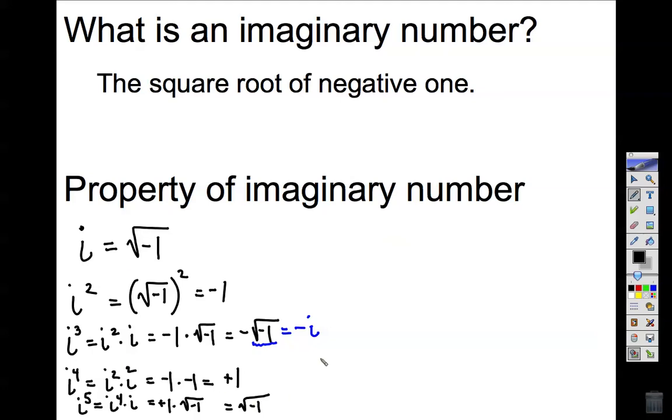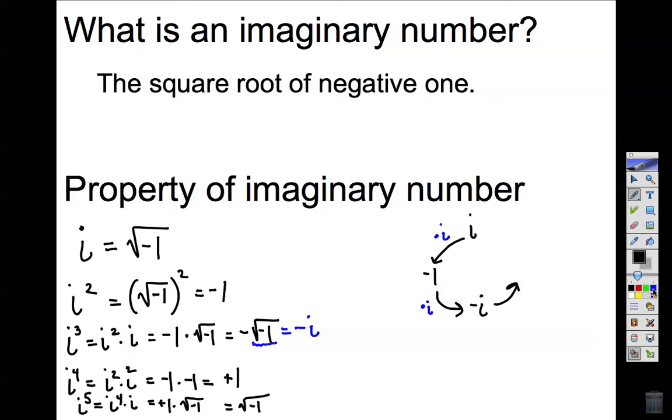Once we know that it comes back here, it's going to end up repeating. If I have i and I multiply with a second i, the result is going to be -1, which is i squared. If I multiply again with an i, that result is going to be -i.